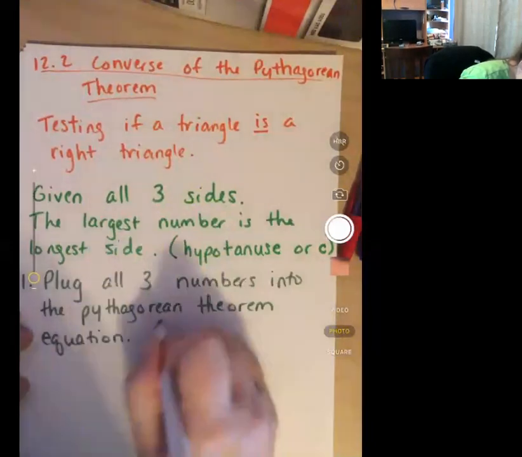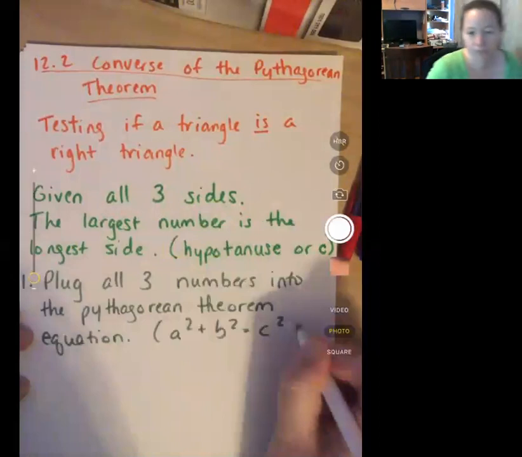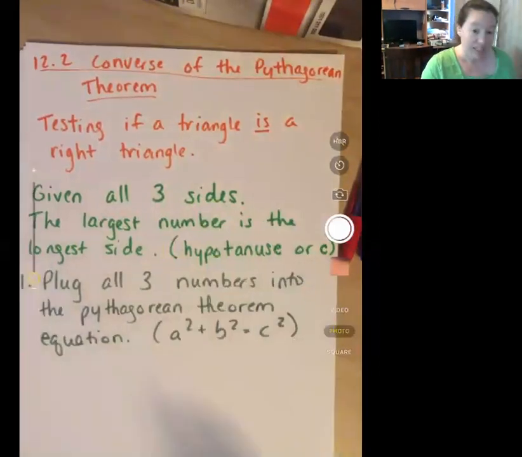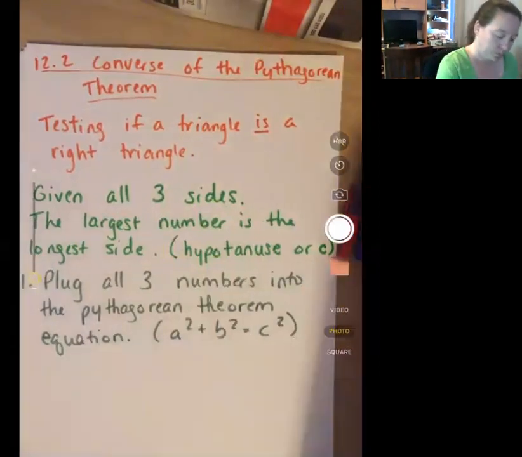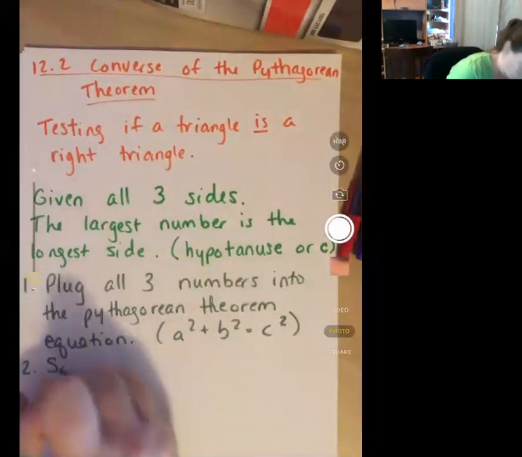So that is a squared plus b squared is equal to c squared. Second thing you do, you solve.